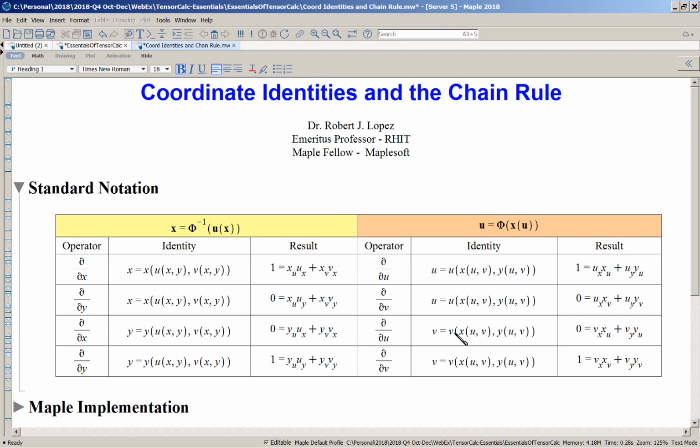Okay, then you're at the other companion identity for the other coordinate. v is a function of x and y, which are in turn functions of u and v. If you differentiate with respect to u, then you're differentiating v, you will get a 0. If you differentiate with respect to v, you will get a 1. And the derivatives by the chain rule are dv dx, dx du, plus dv dy, dy du.